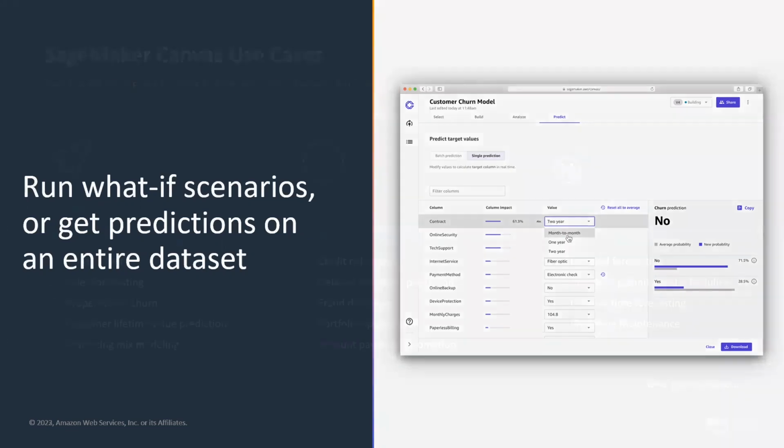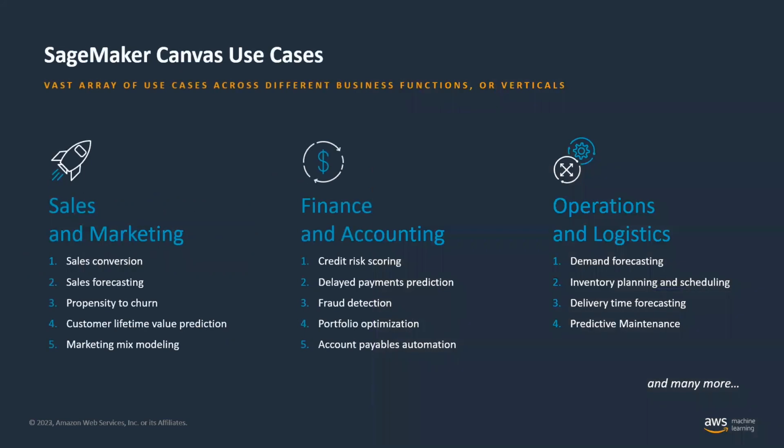All right. Now, next, we'll look at some of the use cases that you can do. Some of the common ones are the customer churn that I was just looking at, fraud detection, demand forecasting, and many more use cases within SageMaker Canvas for text-based data and image-based data. There's a ton that you can do.